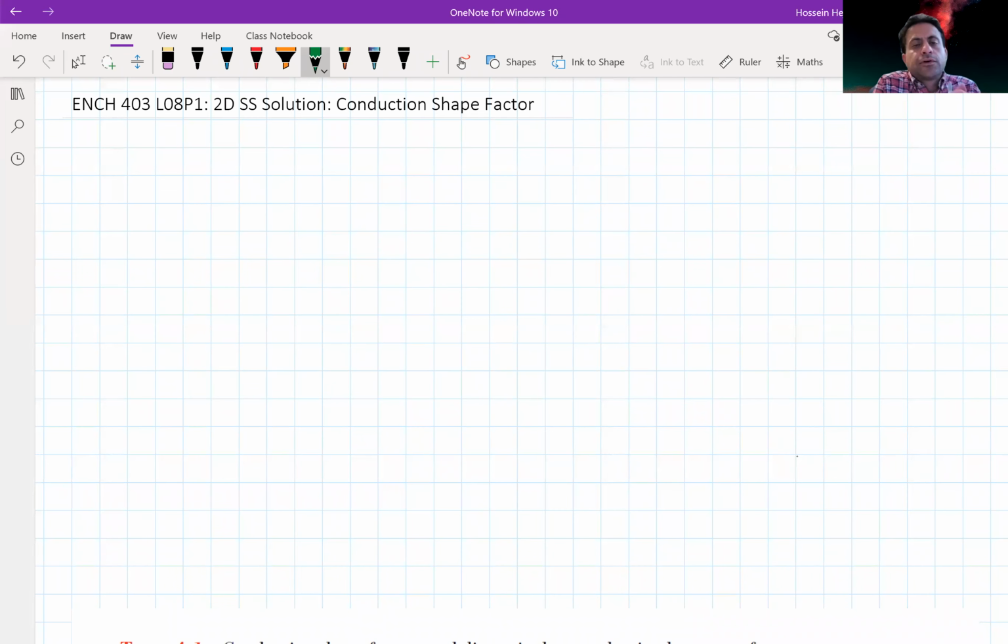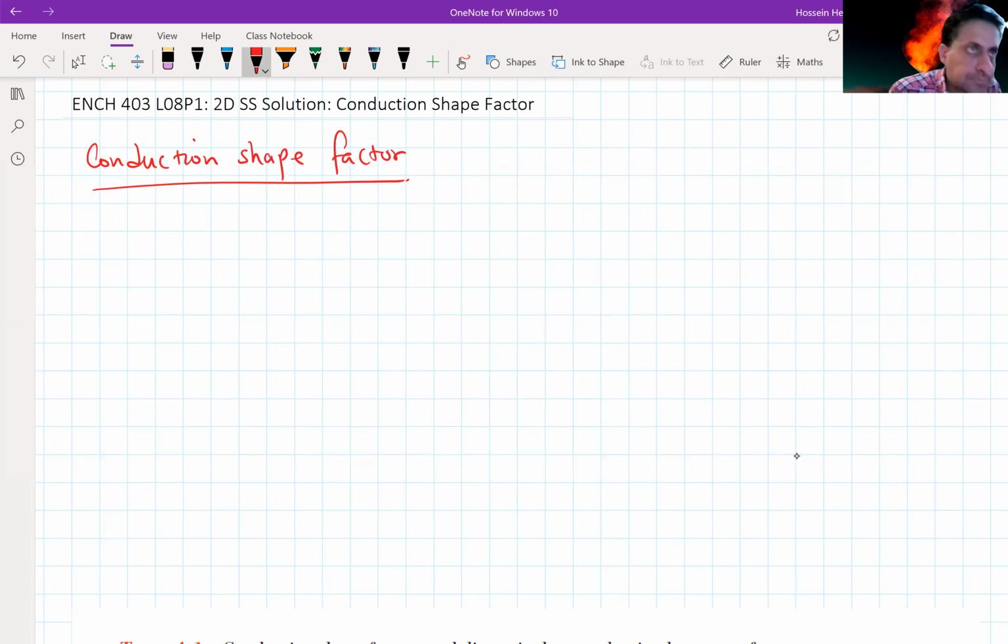Another approach in finding solutions to the 2D steady-state heat conduction problems is what we call using the conduction shape factor. It's a very useful approximate approach, useful for 2D systems.